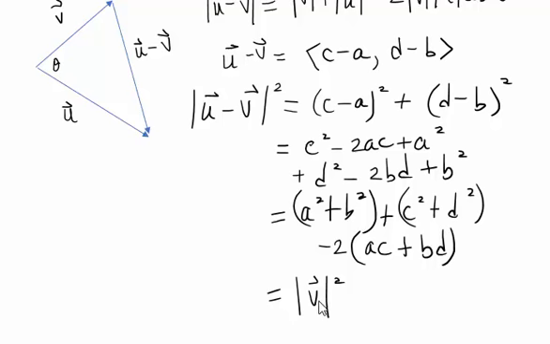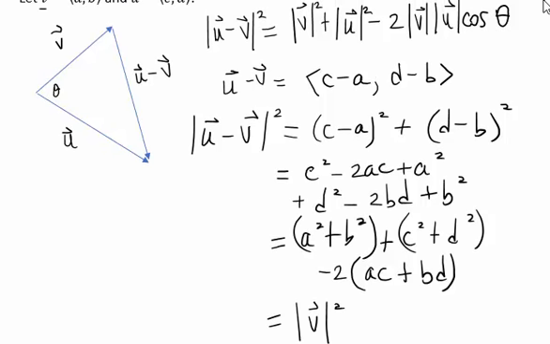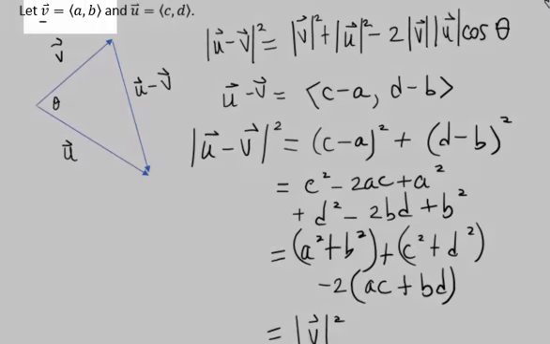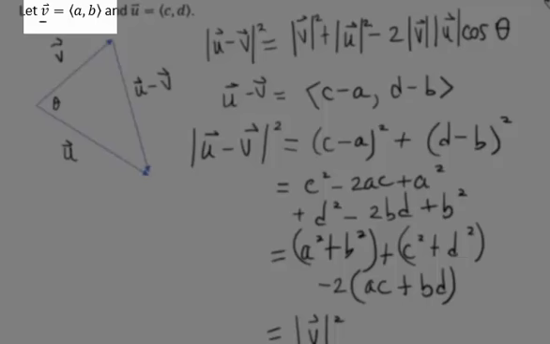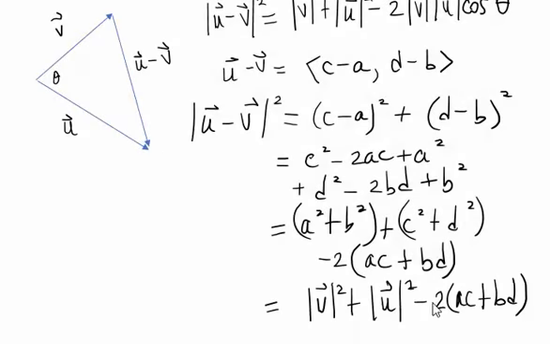Well, the magnitude of v squared is equal to a squared plus b squared, since vector v had components a, b. And c squared plus d squared is equal to the magnitude of u squared, minus 2 times the quantity ac plus bd.